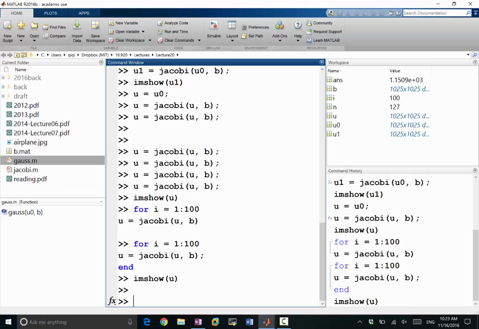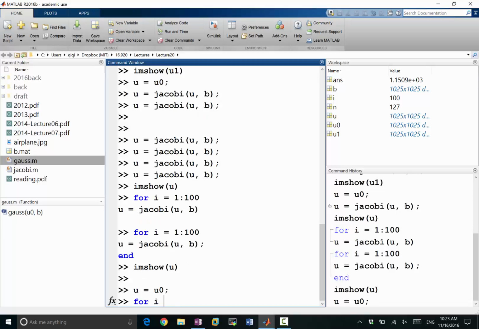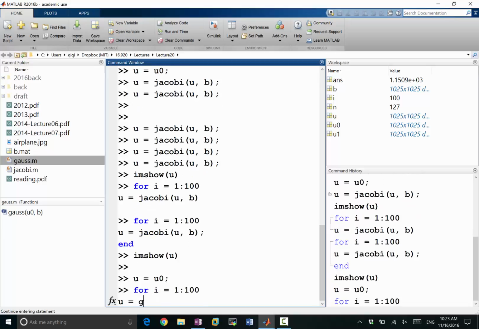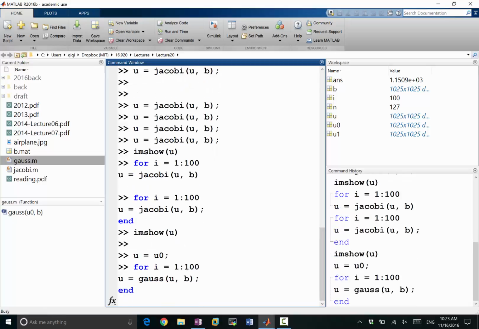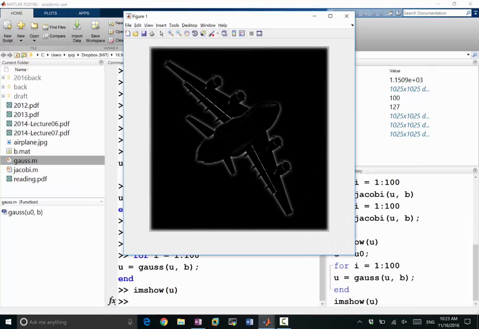And again, let's see what the effect is. Let's do u equal to u0 again, and for i equals 1 to 100, u is equal to Gauss-Seidel of u and b. Okay, so now let's take a look.